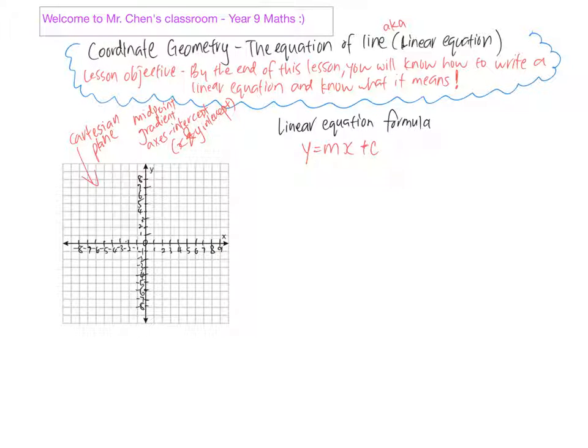Maybe not the midpoint, but definitely gradient, intercepts, and also your coordinates.